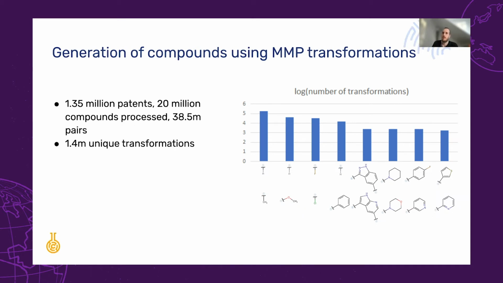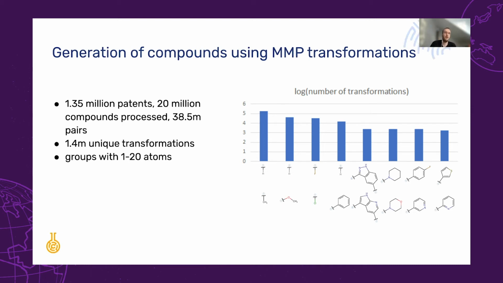On the right, you can see a couple of examples, starting from a simple hydrogen to methyl transformation, which had more than 100,000 examples, but there are other really nice transformations as well in the data set. All of the groups have about 20 atoms at most, which is mainly due to the configuration of the MMP learner to consider only a certain maximum size.